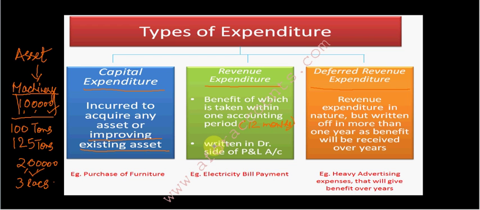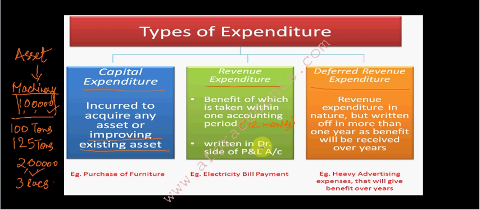So give me examples of revenue expenditure. I say electricity bill, the salary paid, the wages paid, refreshment expenses, your printing and stationery expenses. Whatever can be exhausted in 1 month, 1 year's time, that is a 12 month period, is known as your revenue expenditure. That is, the benefit of this expense is taken within 12 months. And we know that it is written as a debit in your P&L account.